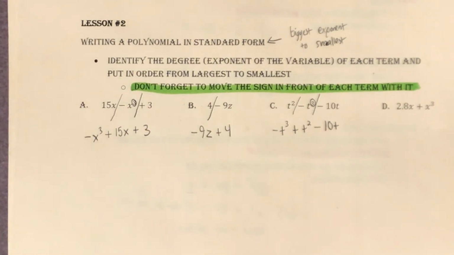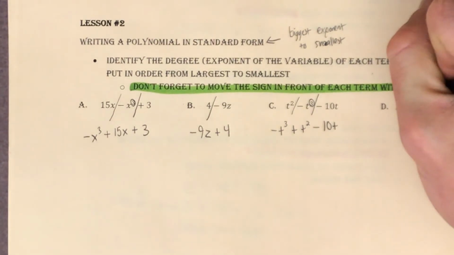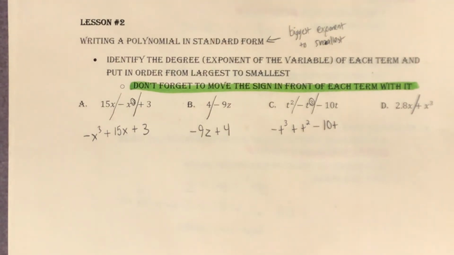And then example D, that's my last one that I need to take a look at. All right, I'd encourage you to try that one on your own, then check your answer with mine. So example D says 2.8x plus x to the third. Again, any plus or minus signs, put a slash. So a slash right here. I've got exactly 2 terms, so this is a binomial.